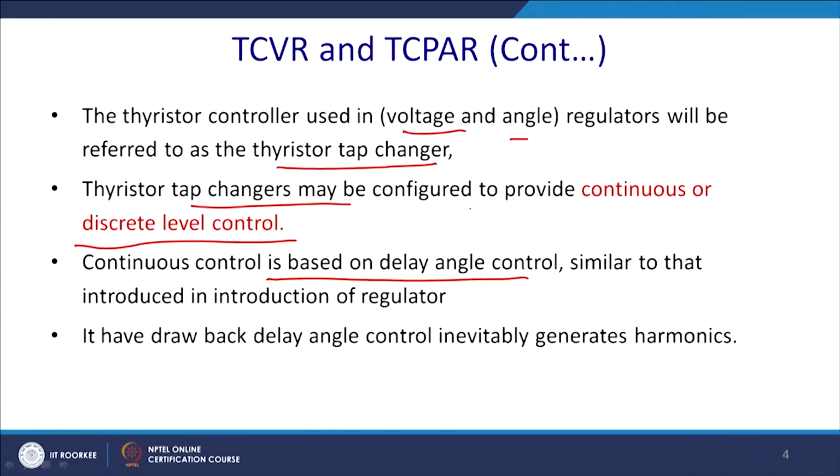The continuous control is based on delay angle control, similar to that introduced in the induction regulator, and it has a drawback of delay angle control: definitely the most basic problem is that it generates low frequency harmonics.